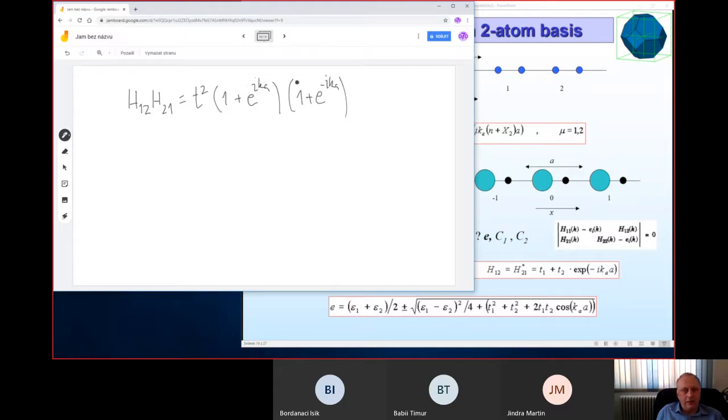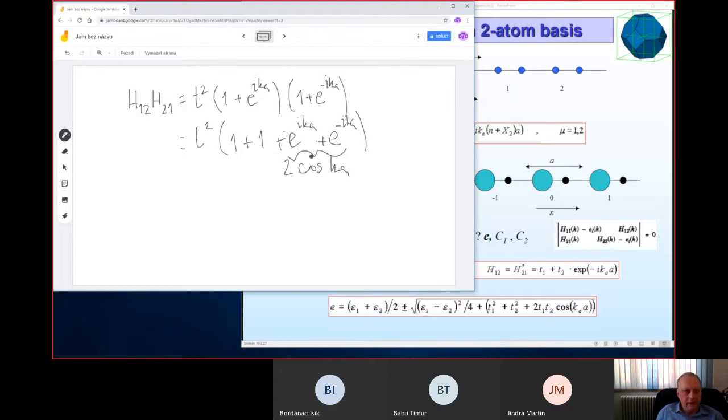And if we multiply these two parentheses, we would obtain 1, then these two yield 1 as well, and then we would have this plus this, but here the imaginary parts cancel and we obtain 2 times cosine of ka.